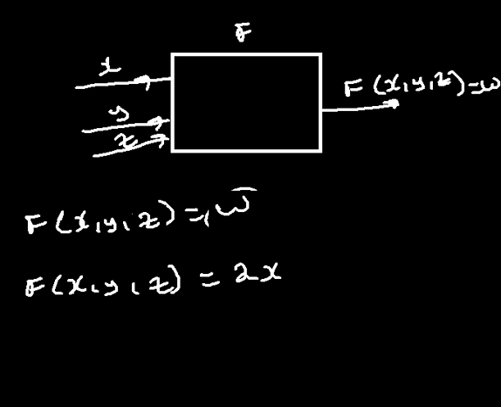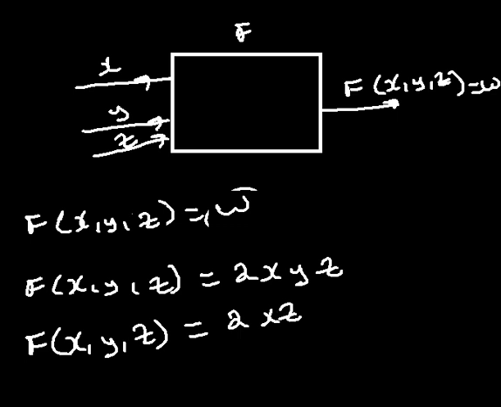So we can have f of x y z. You can have that. You can have, let's say, f of x y z is equal to 2xz minus y. We can have that.